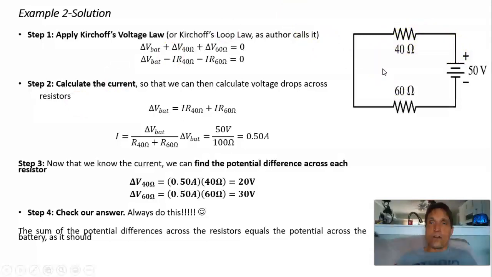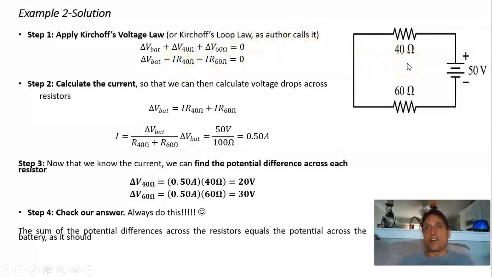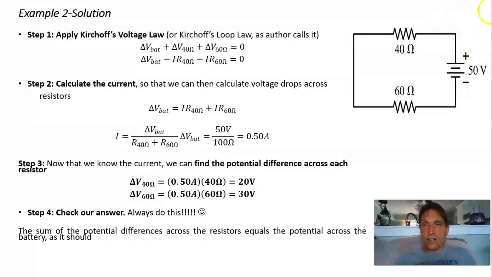And once we know the current, we can use Ohm's law. Delta V is equal to IR. If we know I and we know R, we can get the potential differences, delta V, across each of the resistors. Okay, so here we go. We're going to start at the negative terminal of the battery, and we're going to go counterclockwise, okay, because we know the current flows counterclockwise here, from positive to negative.